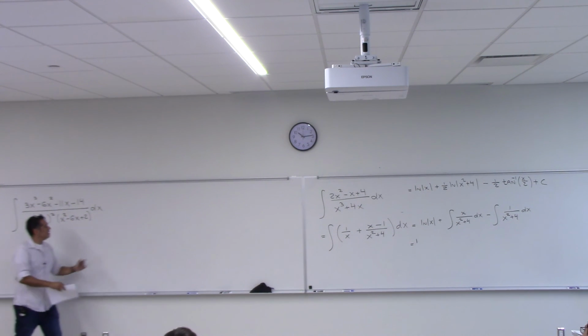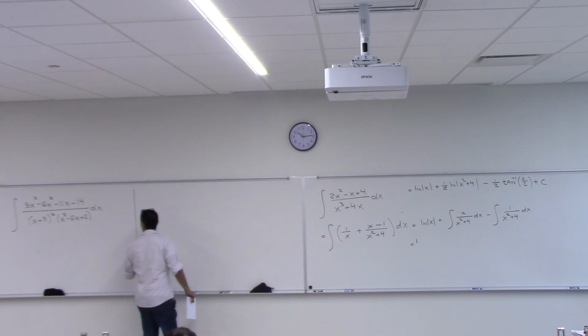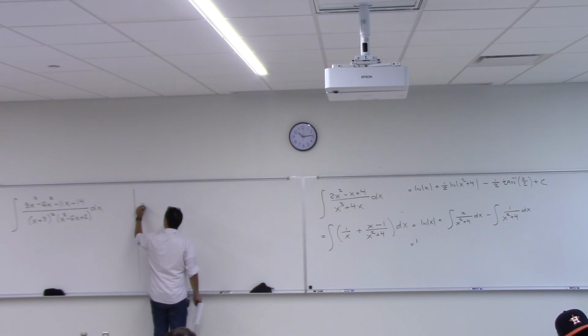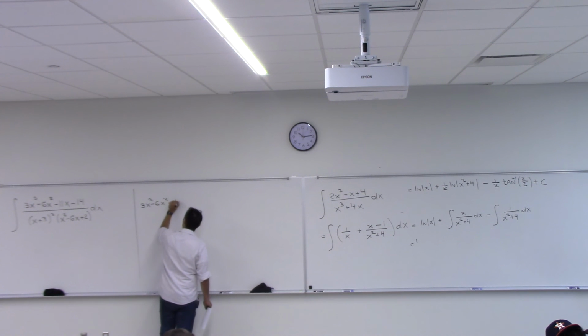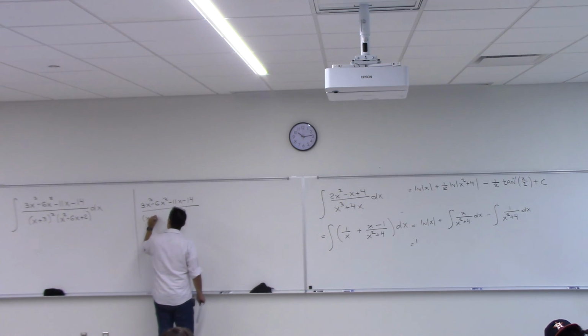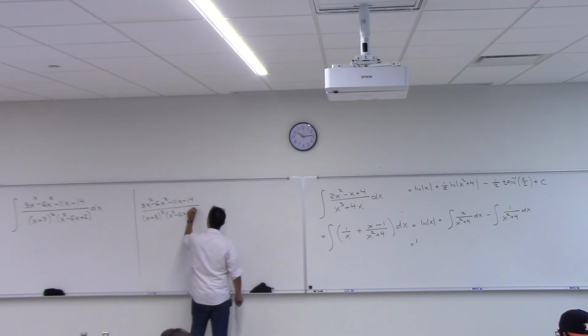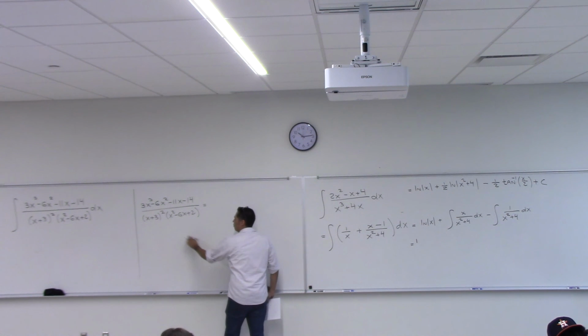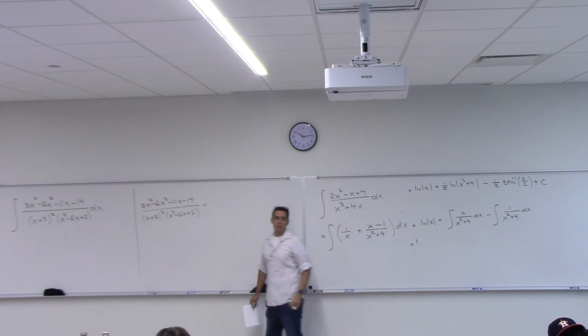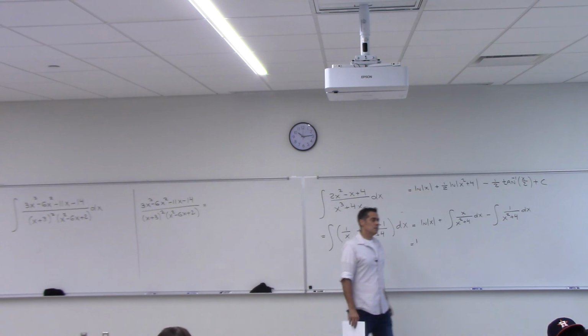So what is it if I do partial fractions over here? I'm going to have (3x cubed minus 6x squared minus 11x minus 14) over (x plus 3) squared times (x squared minus 6x plus 2) equals, what do I need for the (x plus 3) squared?